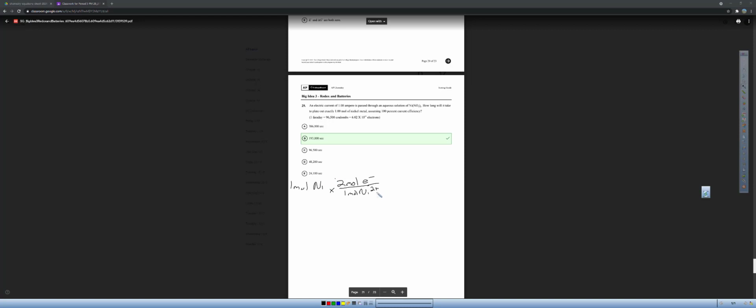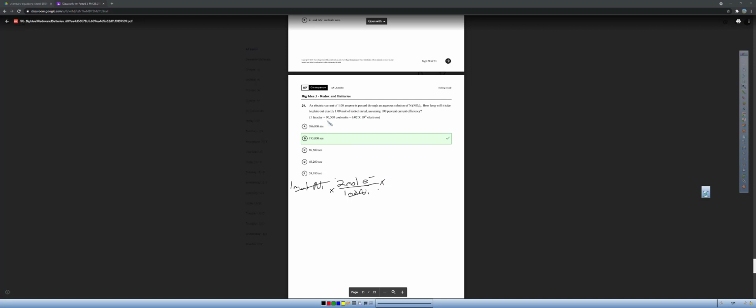I suppose I'm looking for how many it's going to gain, so I should leave off the charge. And that's what it's looking for, not nickel plus. So 2 moles of electrons.